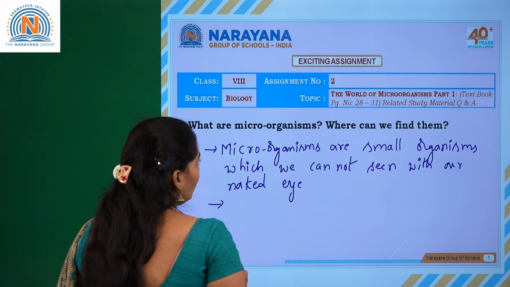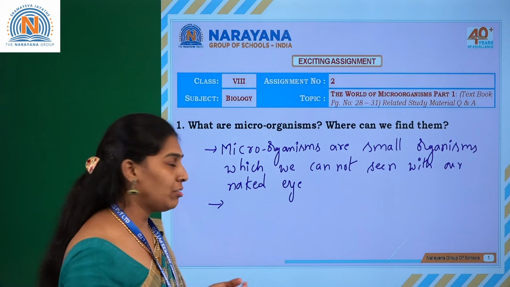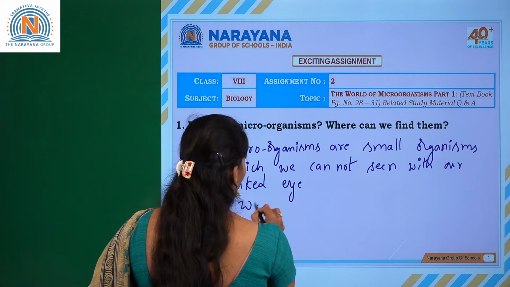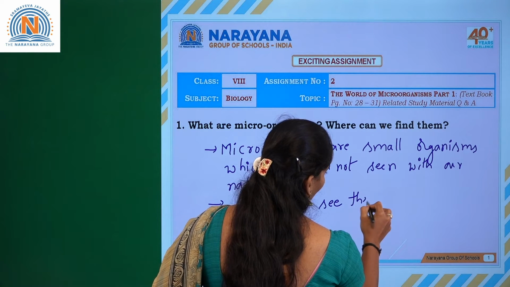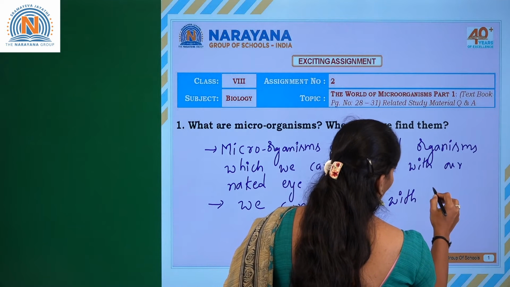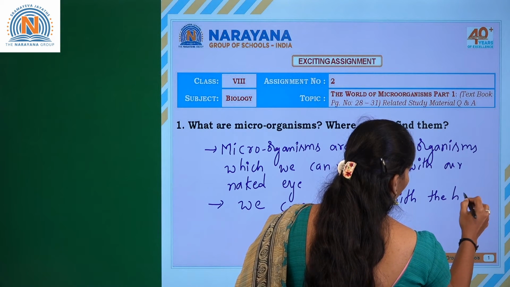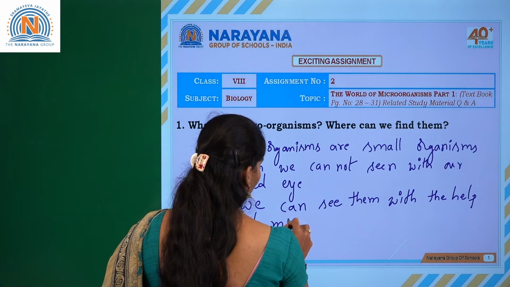Okay. So these microorganisms, how can we see? With the help of a microscope. We can see them with the help of a microscope.